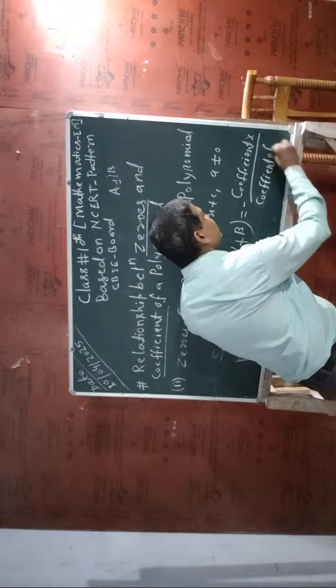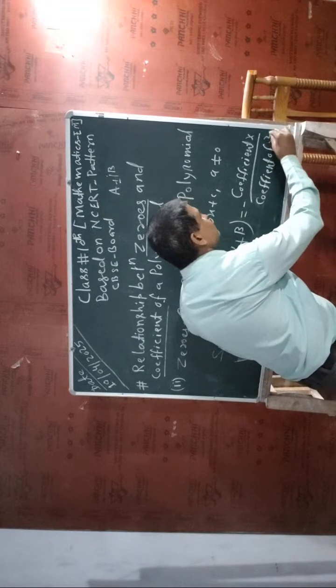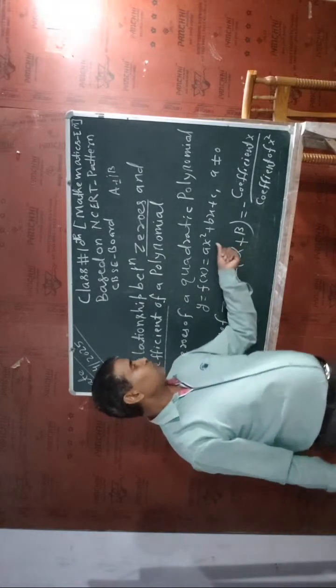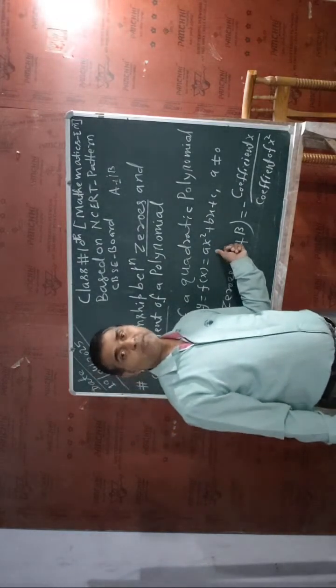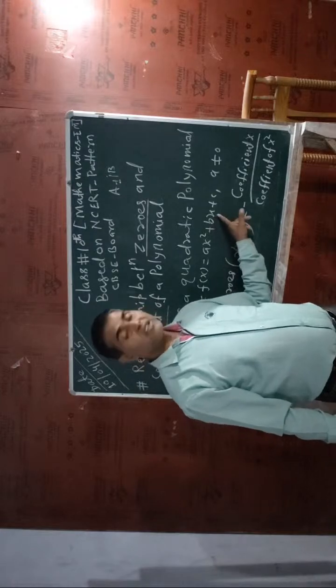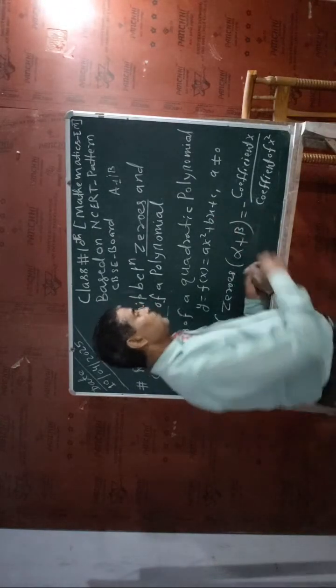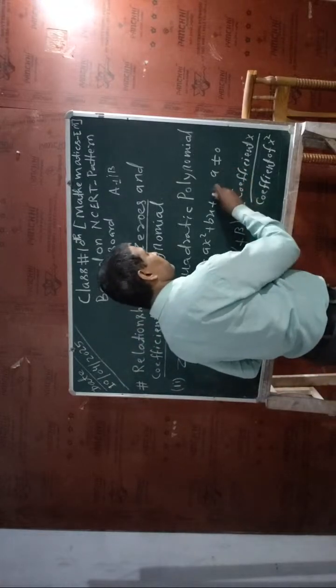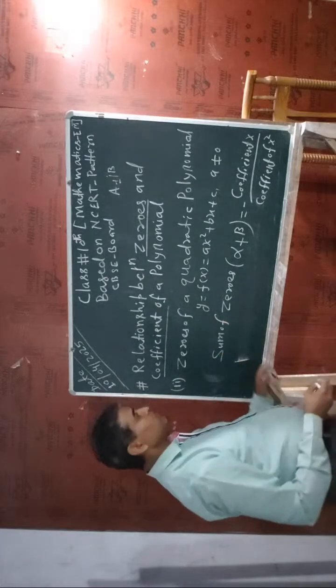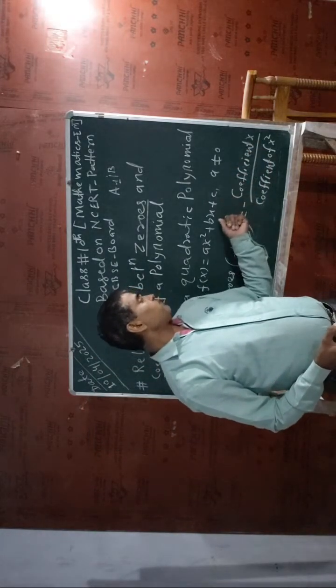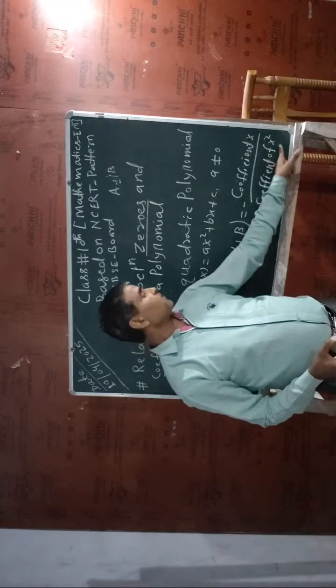Here coefficient of x square is a, the coefficient of x is b, and c is the constant term, as you know very well. Now I am going to put the value of the coefficient of x and the coefficient of x square.